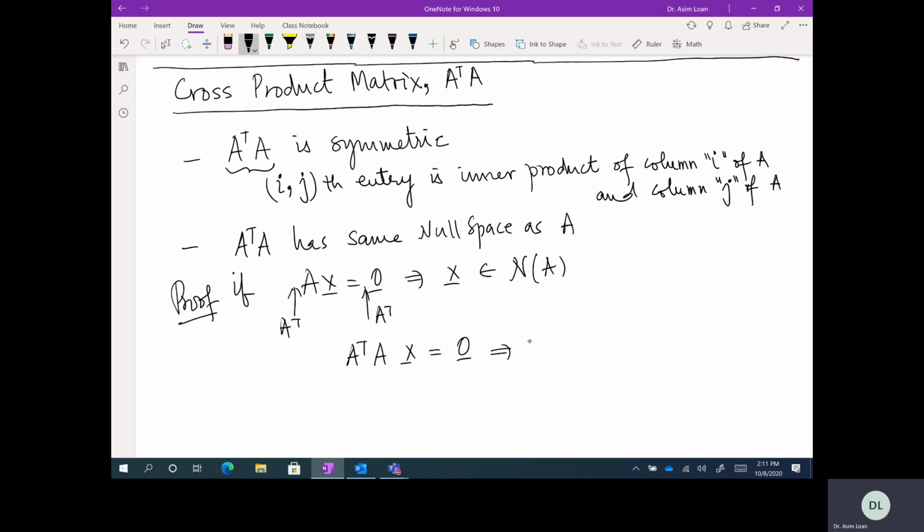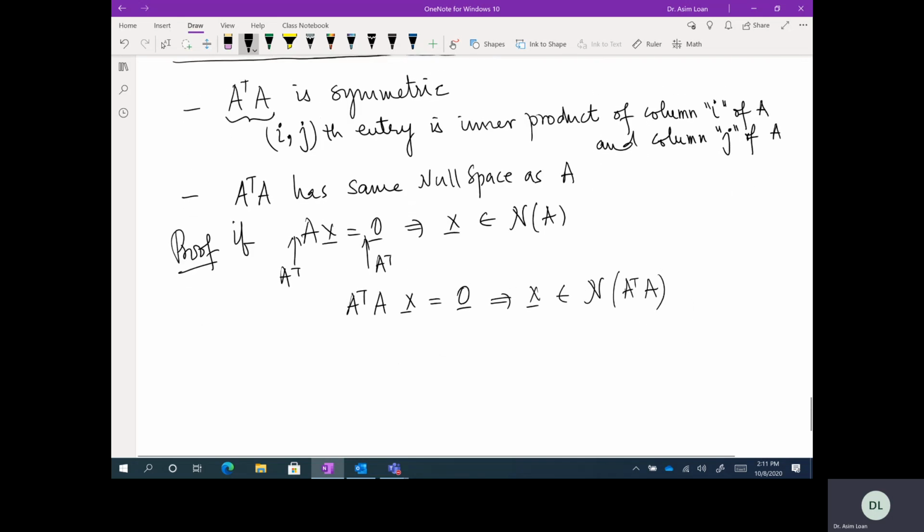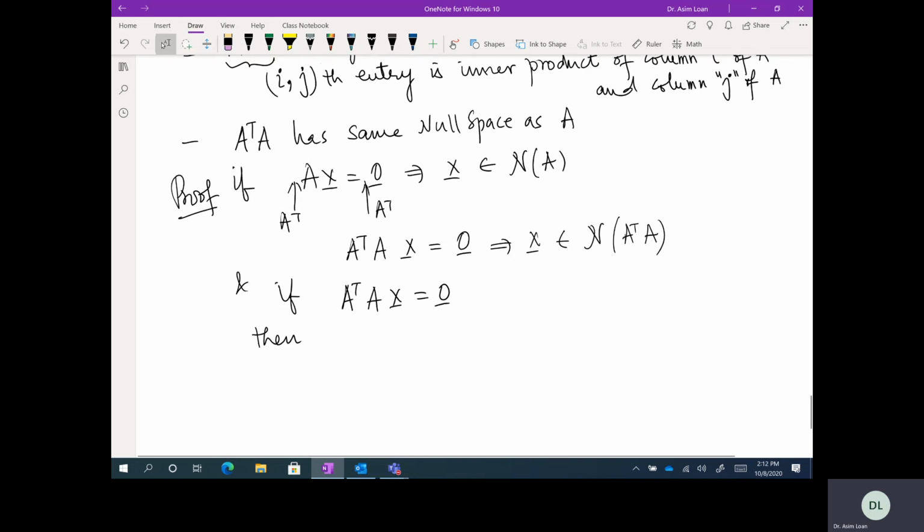So x belongs to the null space of A transpose A. And if A transpose A x equals 0, then multiplying by x transpose, x transpose A transpose A x equals x transpose 0.